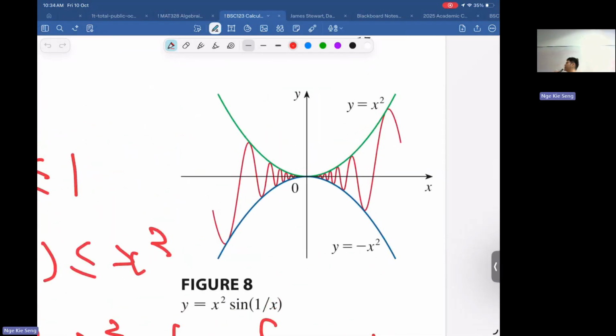The two squeezing functions are x squared and minus x squared, and then your middle function is jumping and then getting small. You see? Remember the example I showed you last week? The oscillating 1, minus 1, where the limit doesn't exist, but this one exists because it gets squeezed by two functions that have limits. Okay or not?